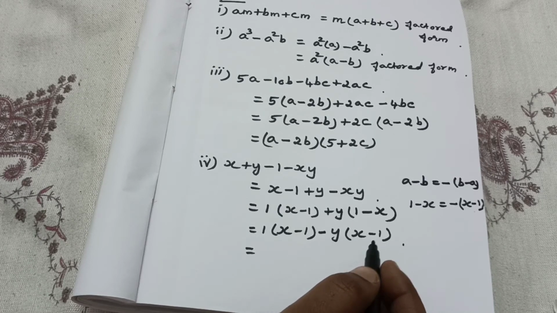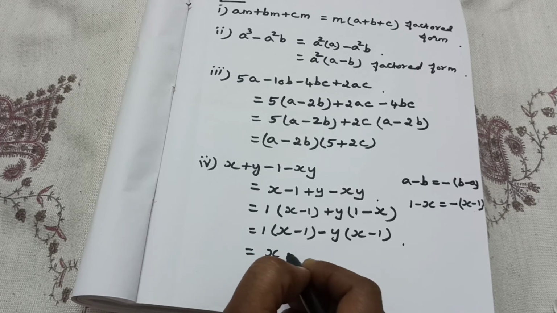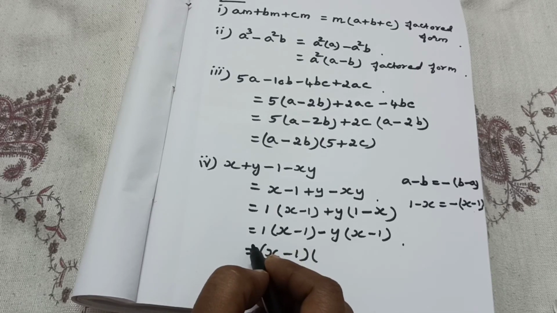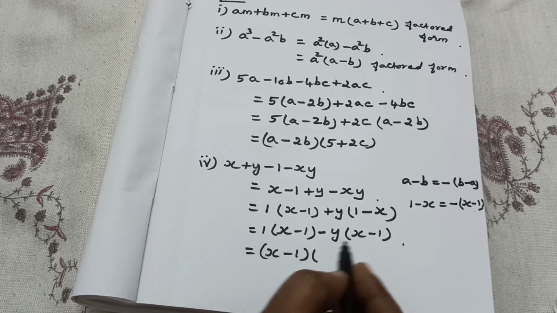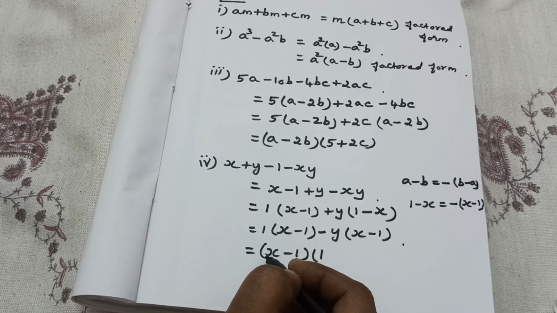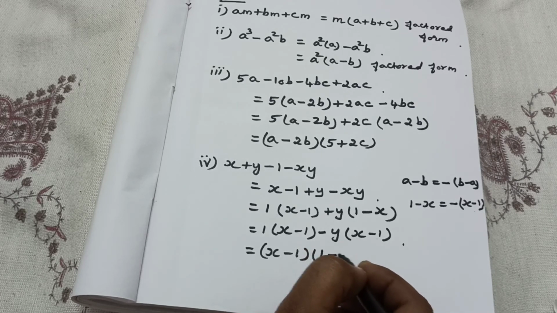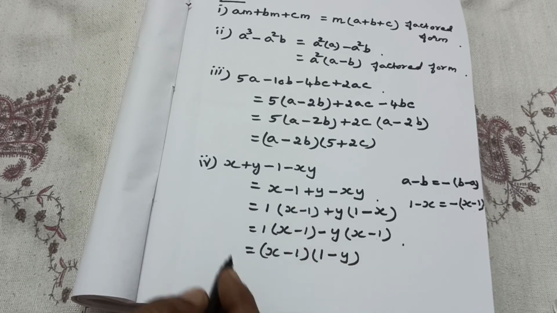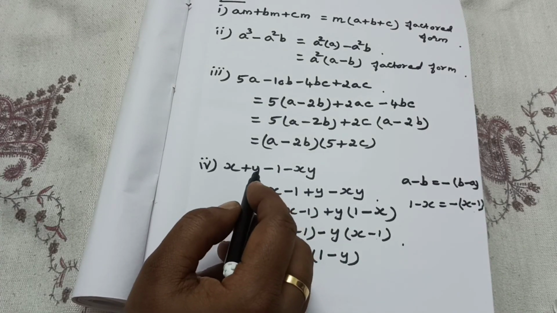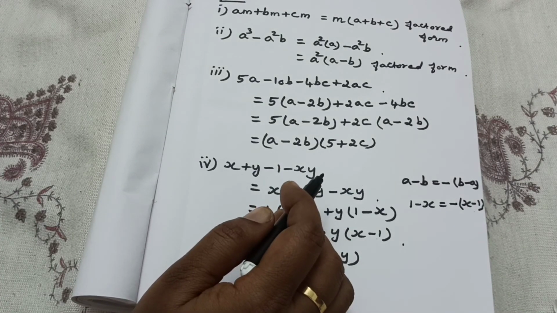Then which is common? X minus 1 is common. X minus 1. If you take x minus 1 common outside, here 1 is there, isn't it? 1. Then x minus 1 common we took outside. Then remaining minus y. Any doubt?